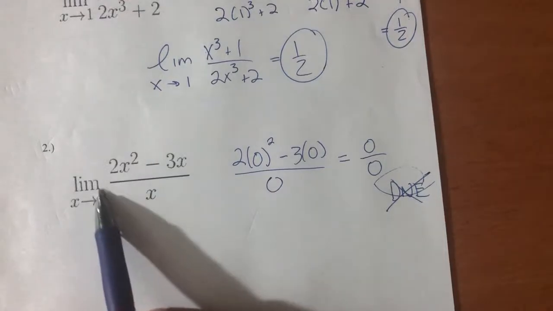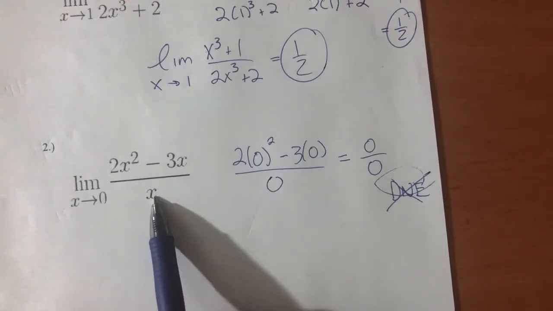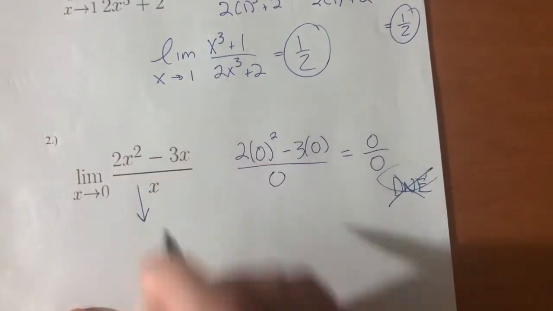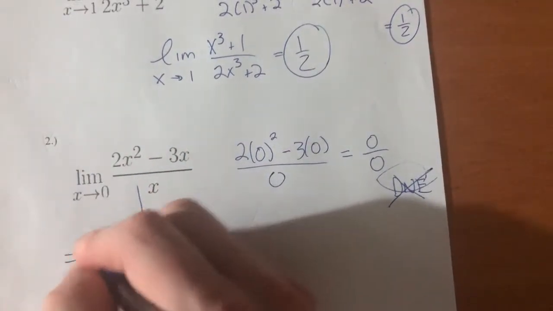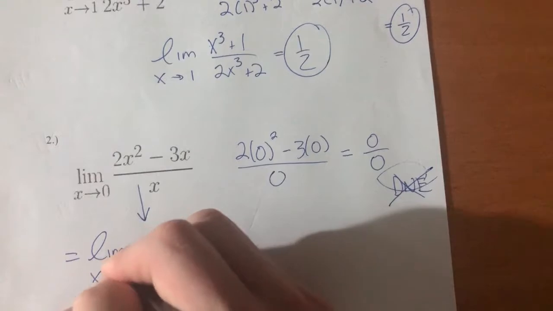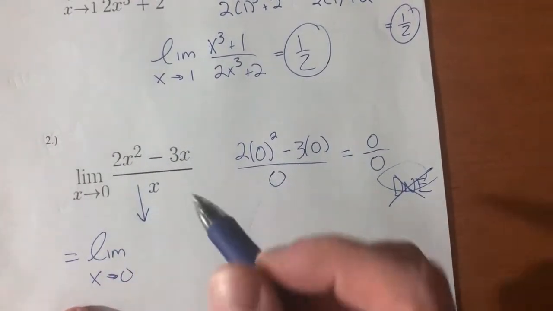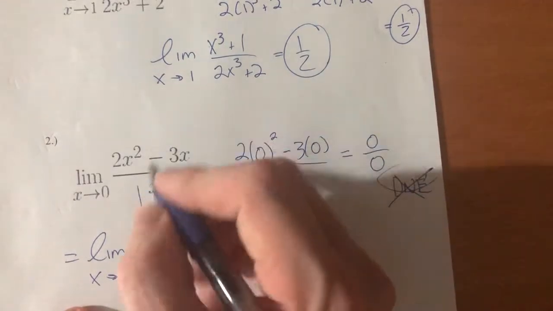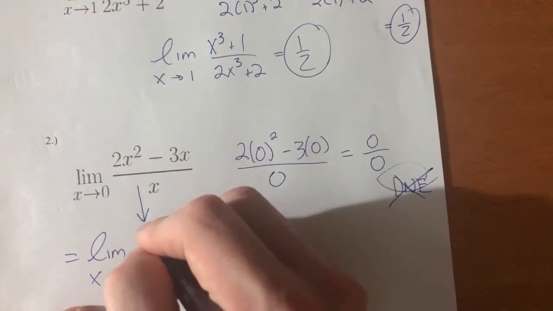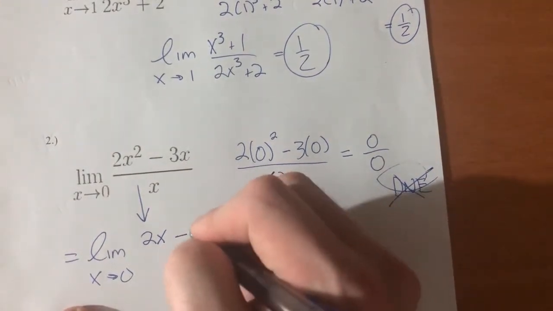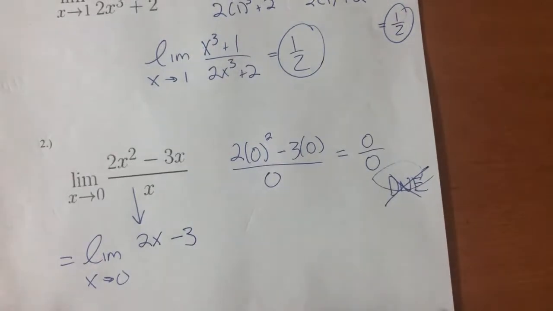If I look at the original function, I notice an x here, an x here, and an x here. So I'm going to rewrite it as the limit as x approaches 0, and I'm going to divide everything I see here by x. Again, sorry for any shakiness. What that gives me is 2x when I divide the x squared by x, minus 3.